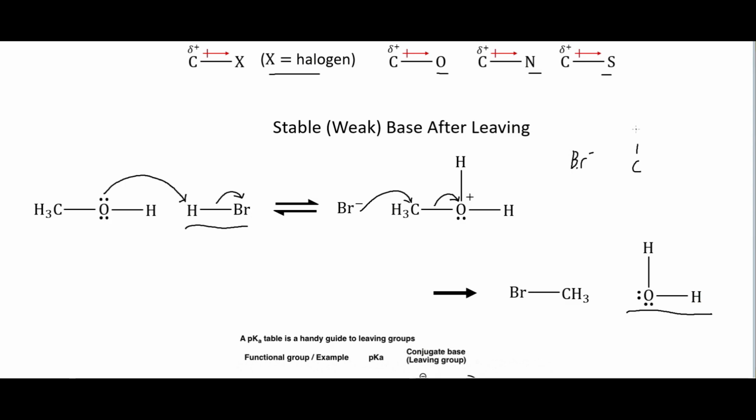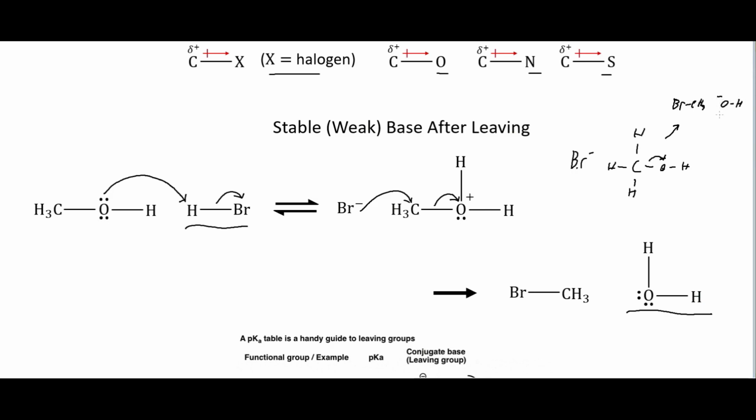And so I'll put the hydrogens more explicitly on this one. So if we just had this, now we're trying to form a negatively charged ion here. And so that's going to be a lot less likely to happen because then the product is going to be our Br-CH3, and then we're going to have this hydroxide ion here.